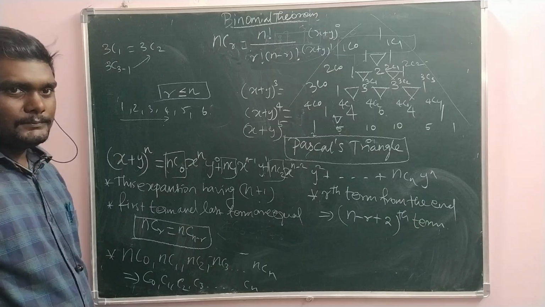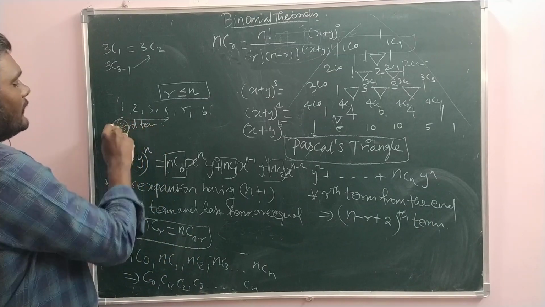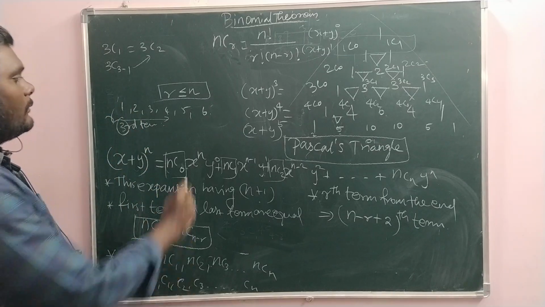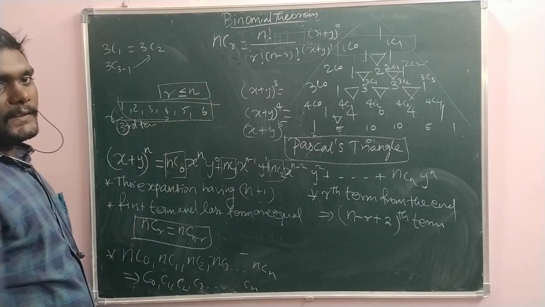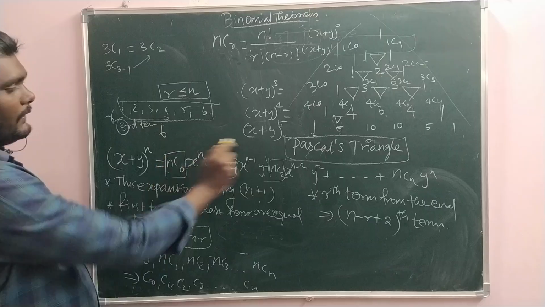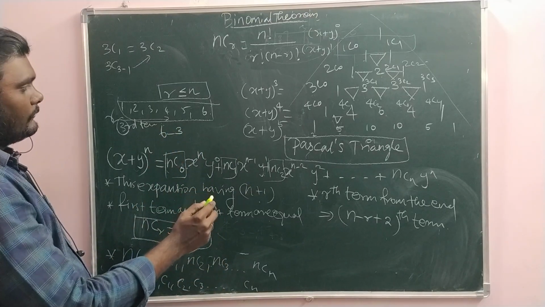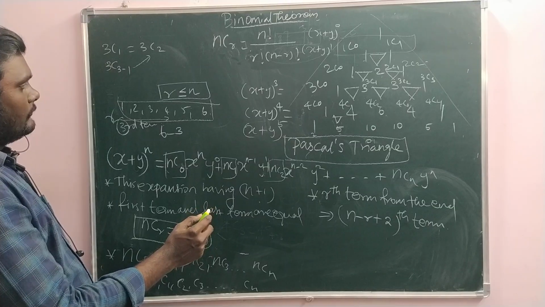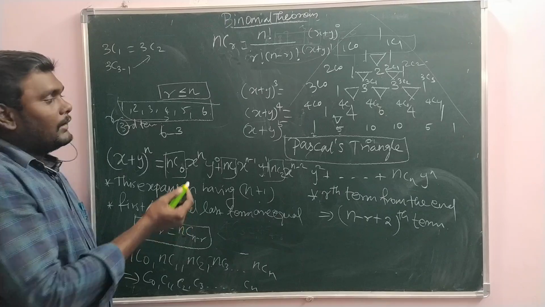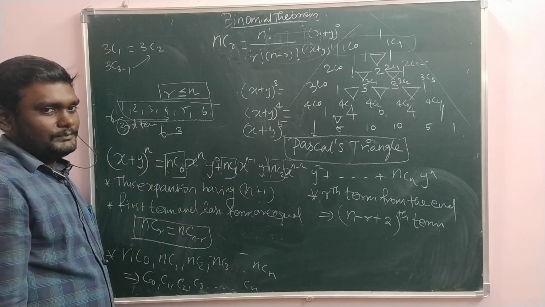So I asked the third term from the end. This is the r value. Totally how many terms are there? 6. So 6 minus 3. From the end, the third term is from the beginning the 4th term.